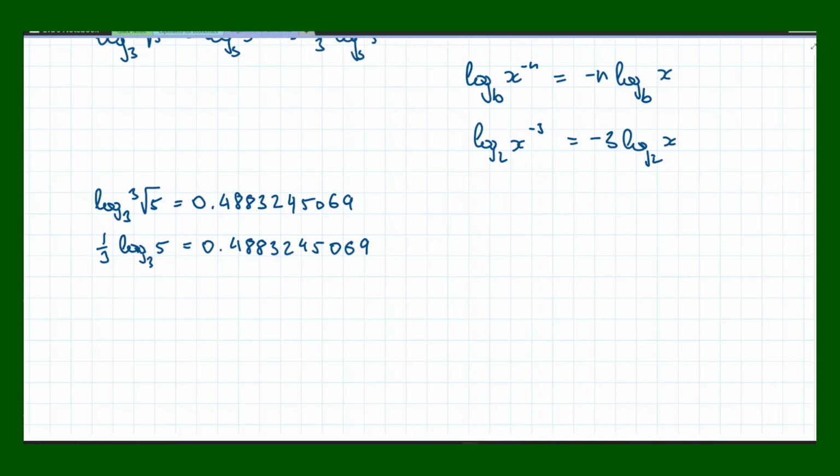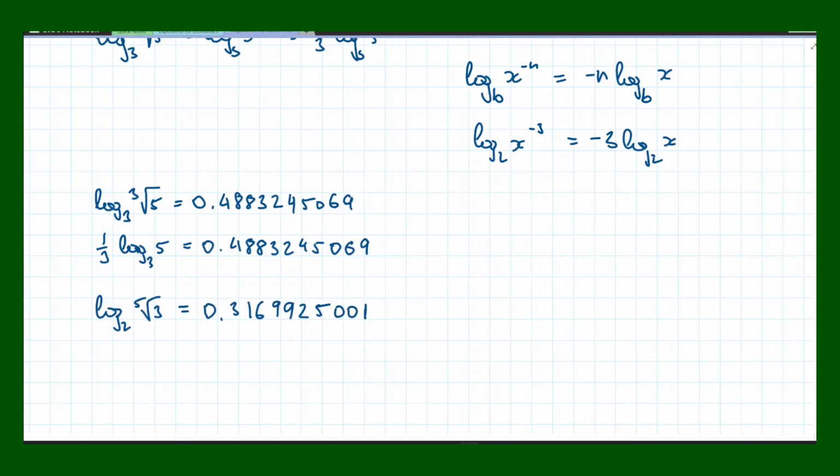Let's look at another example. Log base 2 fifth root of 3. Using the calculator, I'm going to get the solution of 0.3169925001.